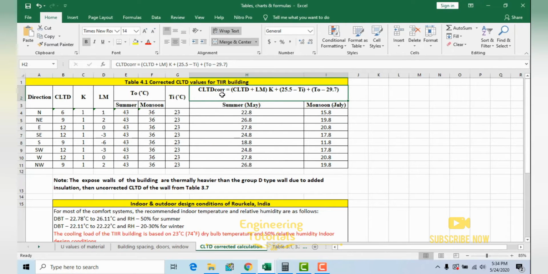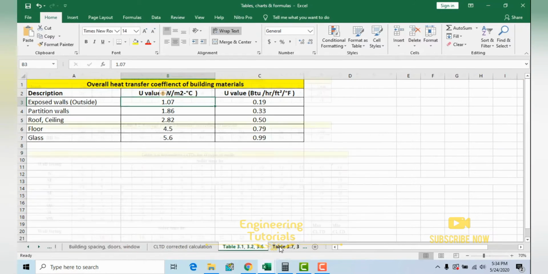So CLTD corrected is equal to CLTD uncorrected plus LM into K plus 25.5 minus TI plus T0 minus 29.7. So Ti is the inside design temperature, T0 is the outside design temperature. This for summer and monsoon both we have to use one by one. So how did we get CLTD?